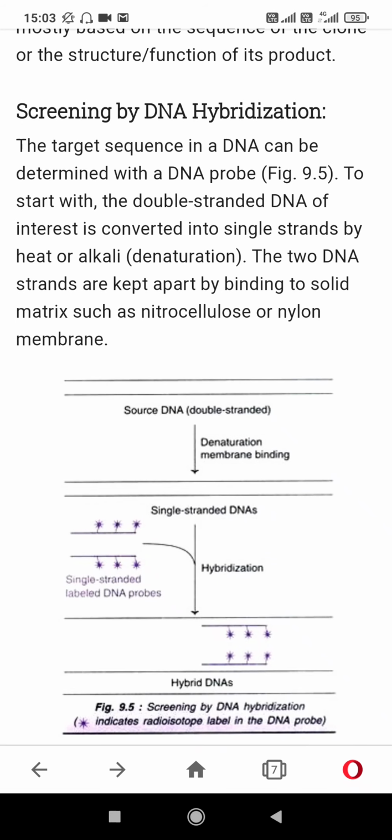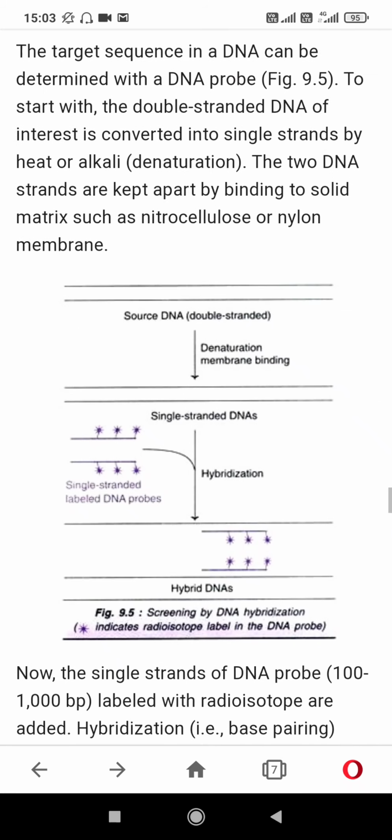The two DNA strands are kept apart by binding to a solid matrix. Here the solid matrix that we use is a nitrocellulose filter. Nitrocellulose filters are disc-like substances which are normally placed on agar plates. After denaturation, your DNA of interest is allowed to bind to that solid matrix, like nitrocellulose or nylon membrane. They are highly inflammable membranes.